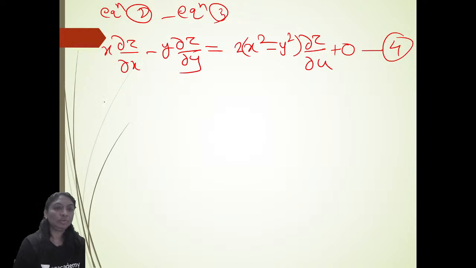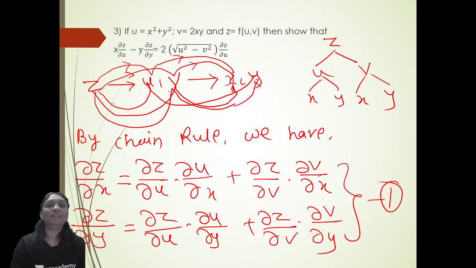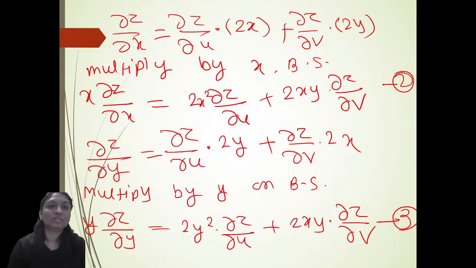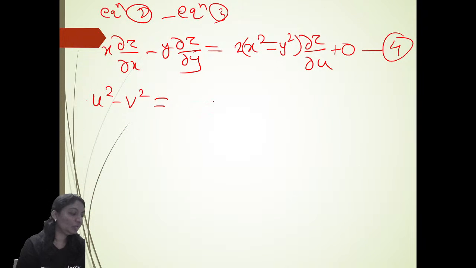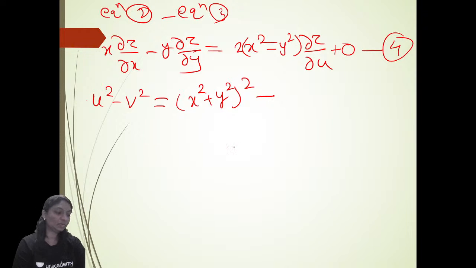but what is u square minus v square, what is given? We require u square minus v square. So what do you mean by u square minus v square? Here u is x square plus y square, so you will get (x square plus y square) whole square minus v square, which is 2xy, so you will get 4x square y square, right?